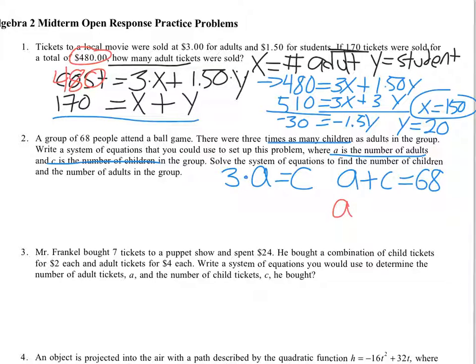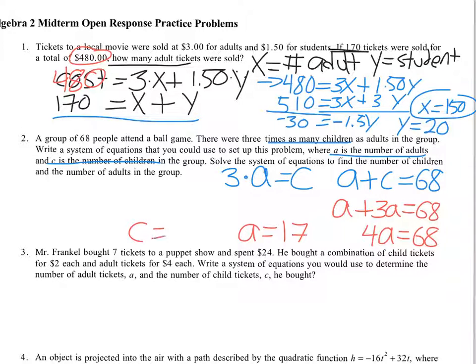We have a plus 3a is equal to 68, which means that 4a is equal to 68. When I divide both sides by 4, we get a is equal to 17. And if 3 times a is the number of children, that means that children is equal to 3 times 17, or 51.